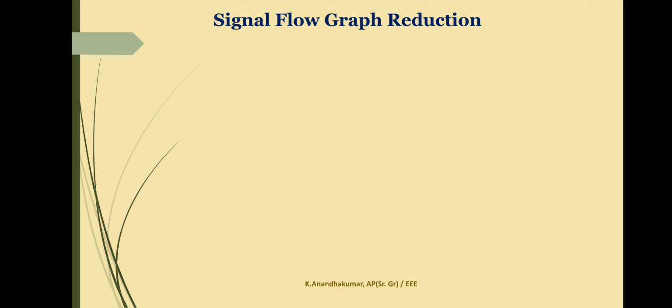Now, the next topic which we are going to discuss is reducing the signal flow graph. In the previous two videos, we discussed block diagrams and how we can reduce them to obtain the overall transfer function of a particular system. In the same way, the signal flow graph of a complex system can also be reduced, and we can find the overall transfer function of the system.